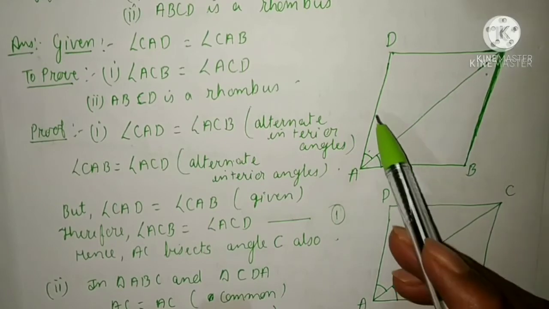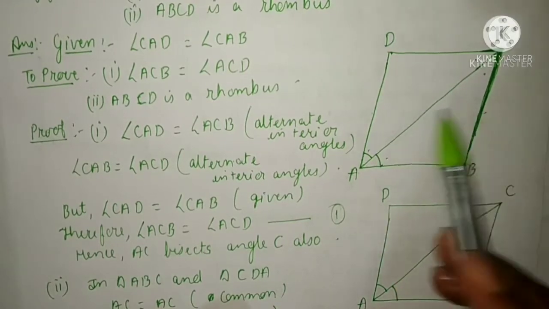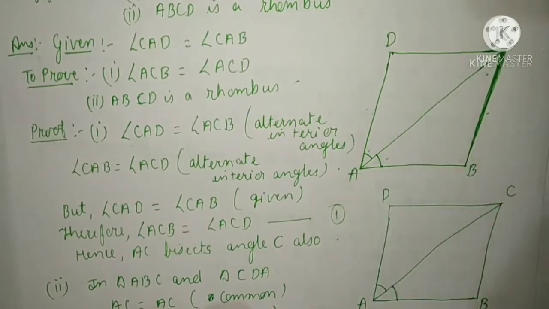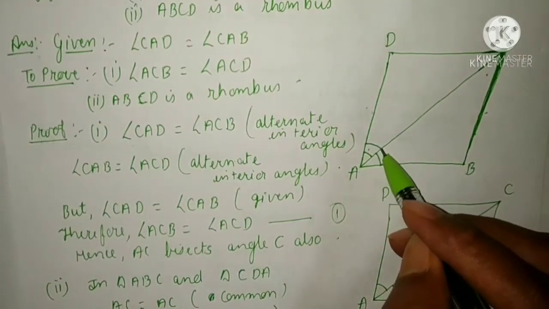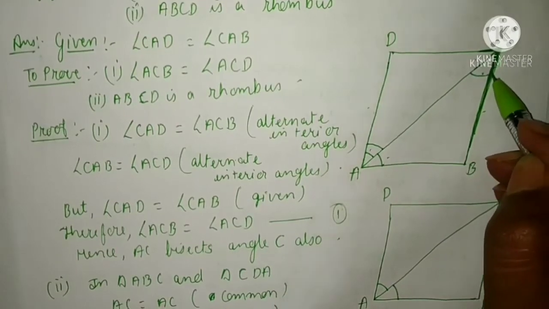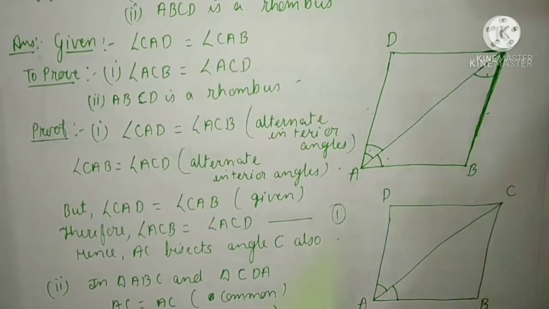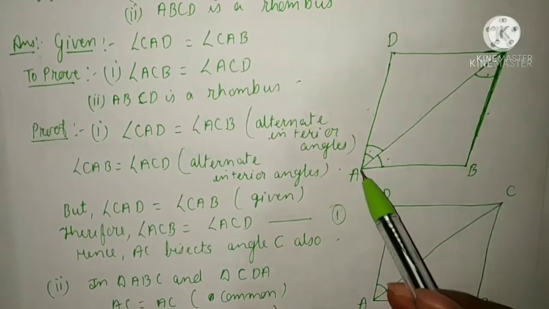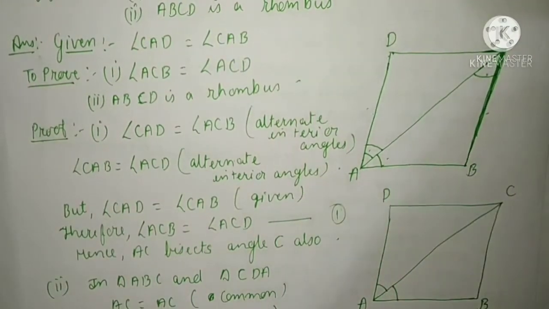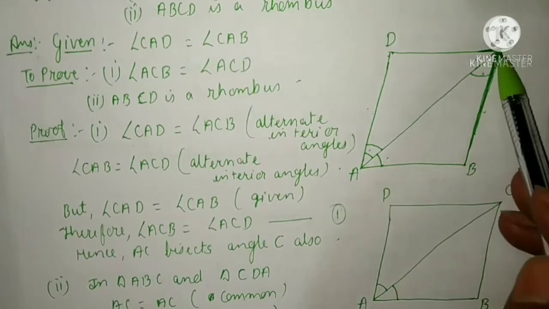Now, since these two lines are parallel, because this is a parallelogram, so we can say that this angle is equals to this angle. Why? Because they are alternate interior angles. So we can write angle CAD is equals to angle ACB.